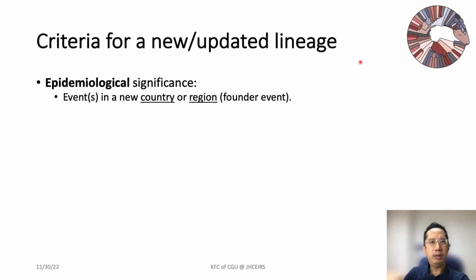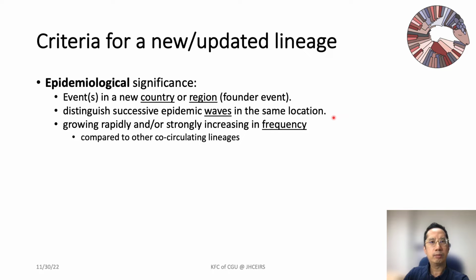The epidemiological evidence includes events in a new country or region, or new waves in the same location, or a lineage having uniquely increased or higher growth rates compared to other lineages.